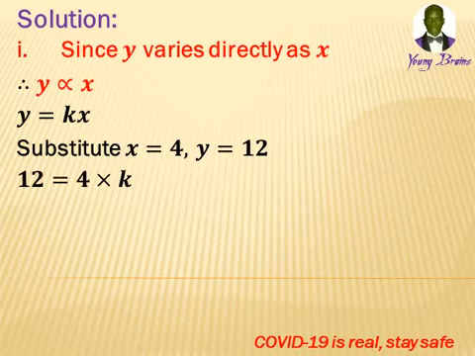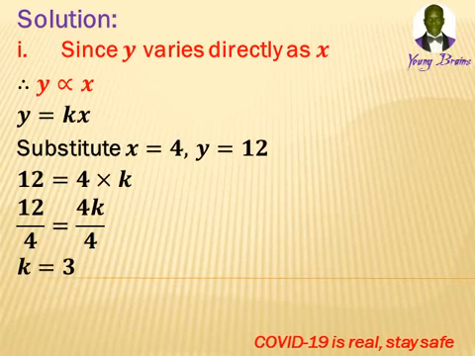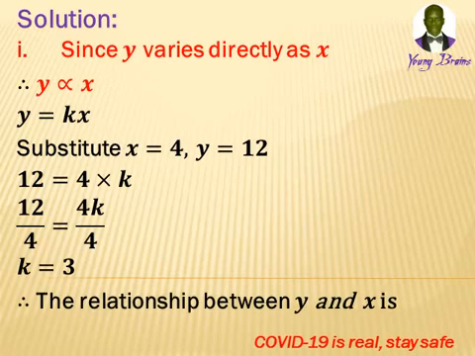Then we have 12 equals 4 times k. Then we divide both sides by the coefficient of k, which is 4. We then have 12 divided by 4 equals 4k divided by 4. Then our k gives 3. That is, k equals 3. To now write the relationship between y and x, we put in the value of k. We now have y equals 3x, which is the relationship between y and x.